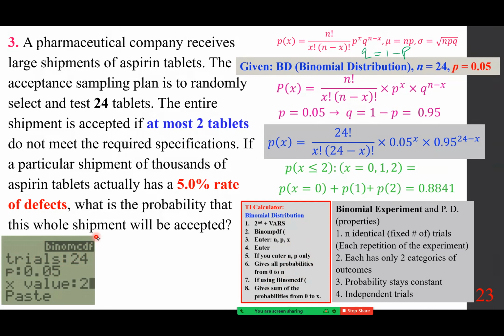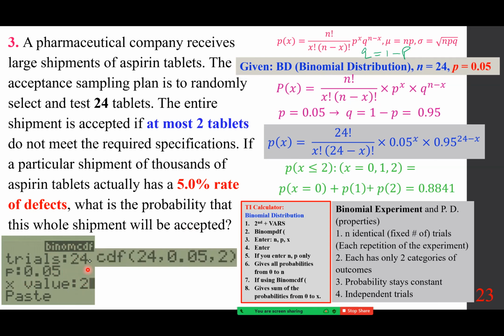You put P equals 0.05, you already have that. And the X value, we said at most 2, we plug in 2. So it gives you this sum, because we are using CDF. It gives you the sum starting from 0 all the way to 2, and that's exactly what we want.